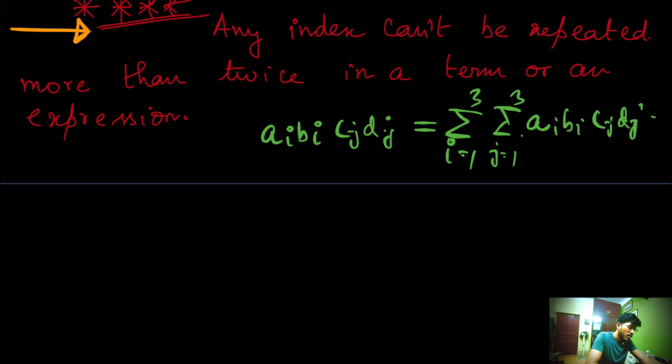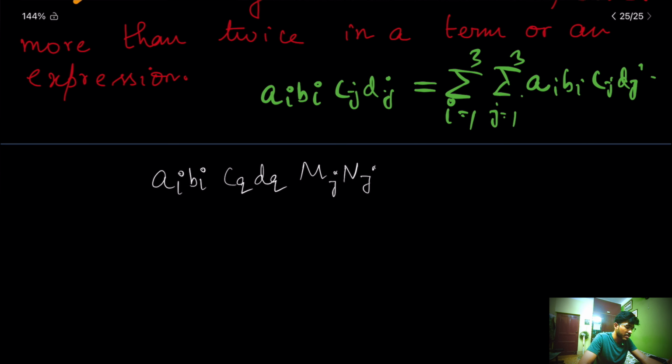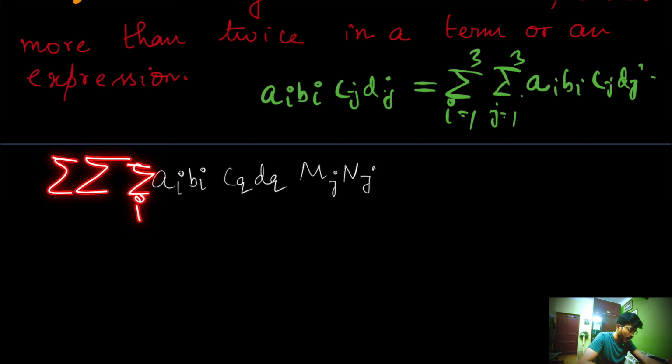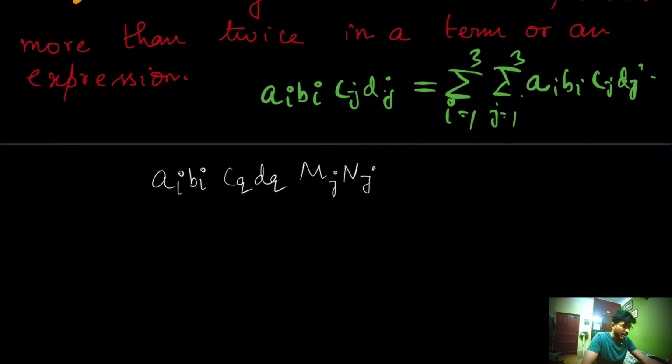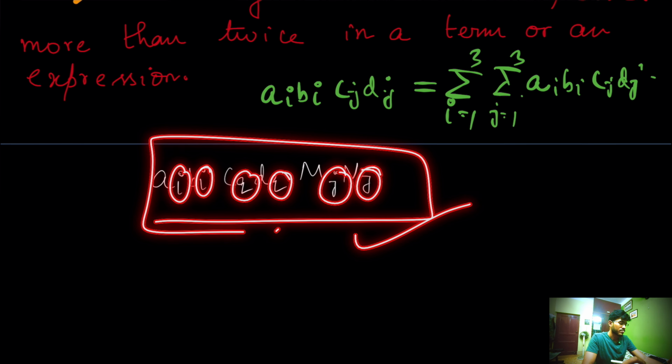So these are two dummy indices, and likewise you can have an expression like AI, BI, CQ, DQ, and maybe capital MJ, capital NJ. So this expression means we have a triple summation, one over I, one over Q and one over J. So this is allowed. See, in this expression I have three different dummy indices, but no same index is being repeated more than twice. That is the main thing.